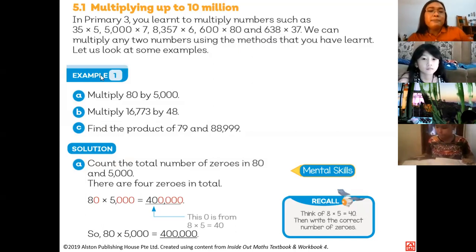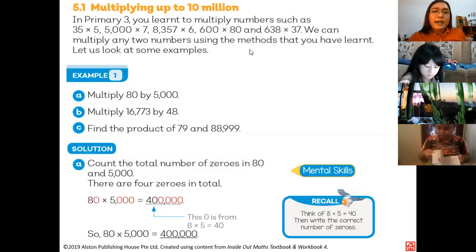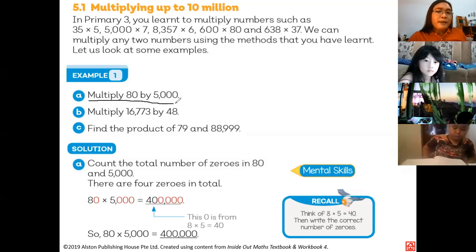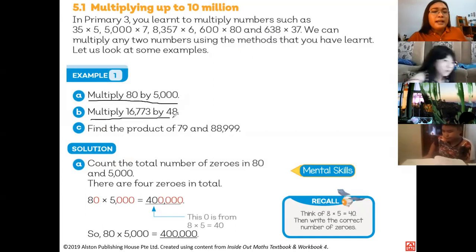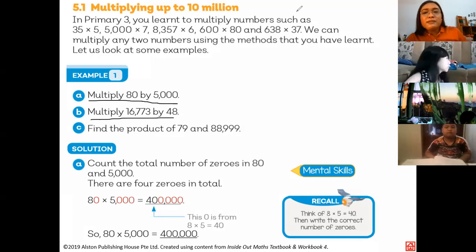So here, example number 1. So we have A, B, and C, right? So for letter A, multiply 80 by 500. And then letter B, multiply 16,773 by 48. And letter C, find the product of 79 and 88,999. But before that, class, I have something to share.